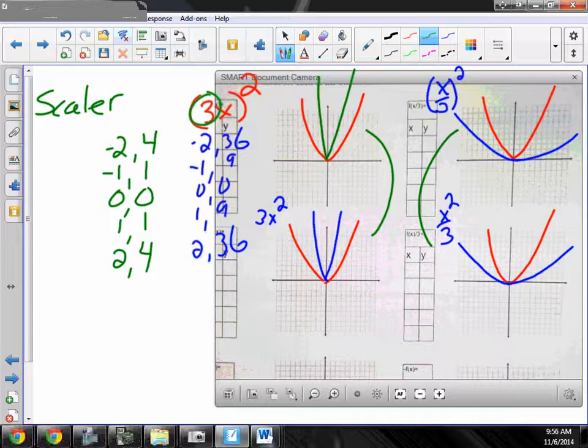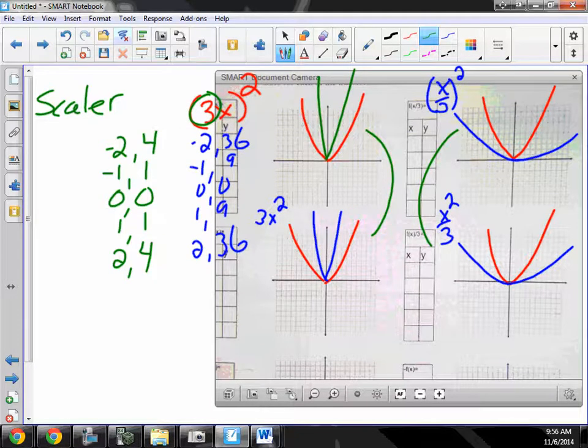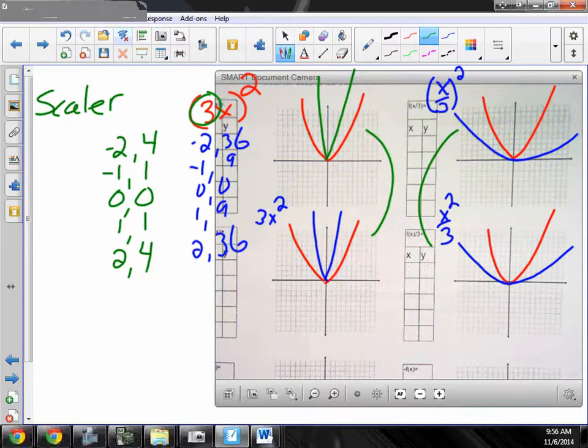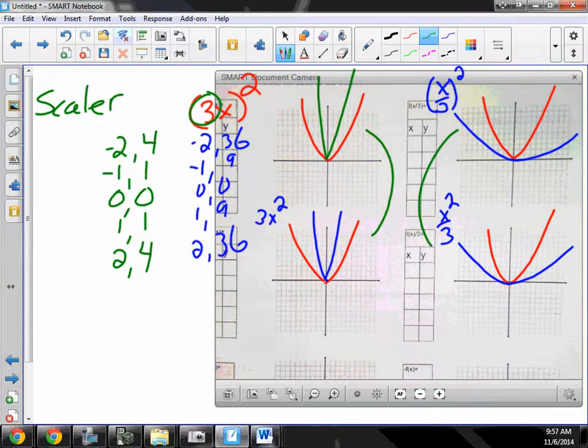So what we're doing is we are scaling the graph. And multiplying on the inside scales the x's. Multiplying on the outside scales the y's. But remember that x's work backwards and y's work exactly like you think they would.